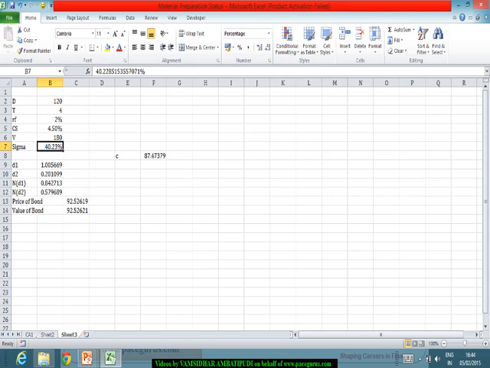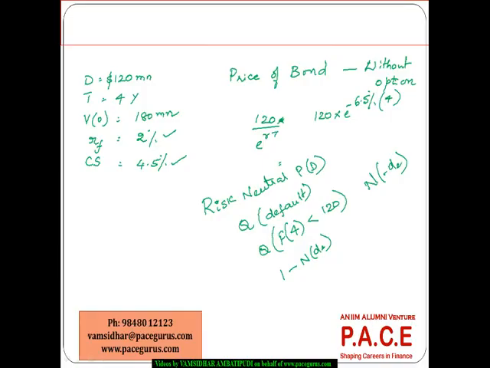So in this case, this is my N of d2, and the probability of default is going to be 1 minus N of d2. So there is a 42% chance of default. So from the Merton model, we can compute the value of the debt, the value of the equity, and finally go even towards the calculation of the probability of default.